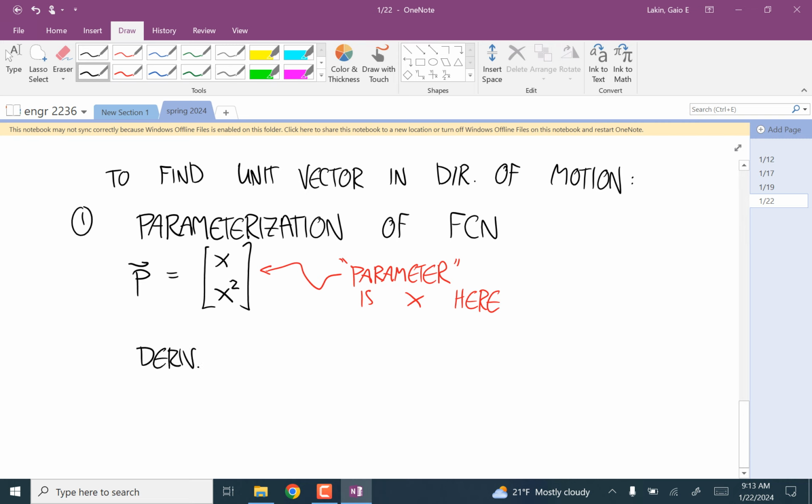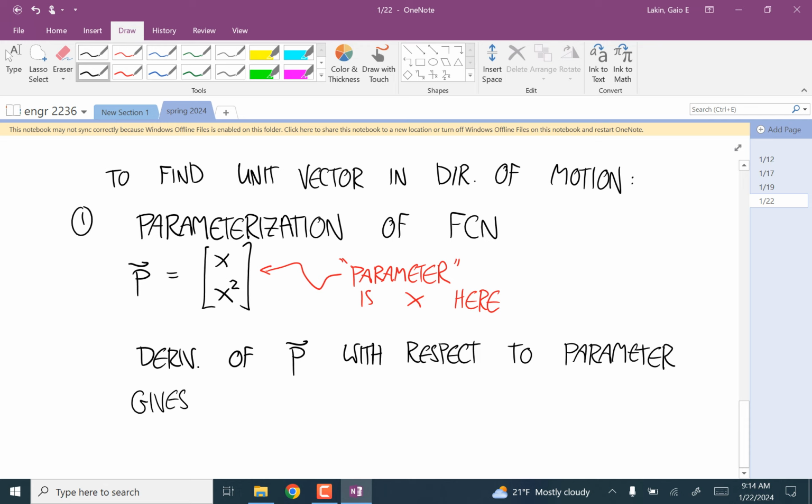So the derivative of p with respect to the parameter gives a vector.